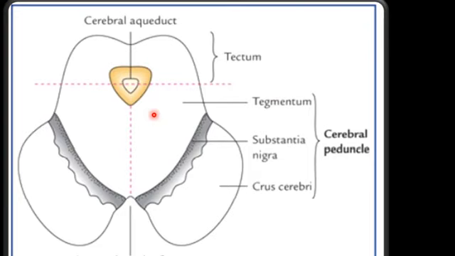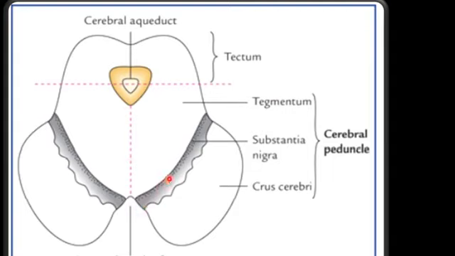Now the area here is called the tegmentum of the cerebral peduncle, while the outer area here is called the crus cerebri. Now we have this middle layer between the crus cerebri and the tegmentum. So this layer is the darkened area.